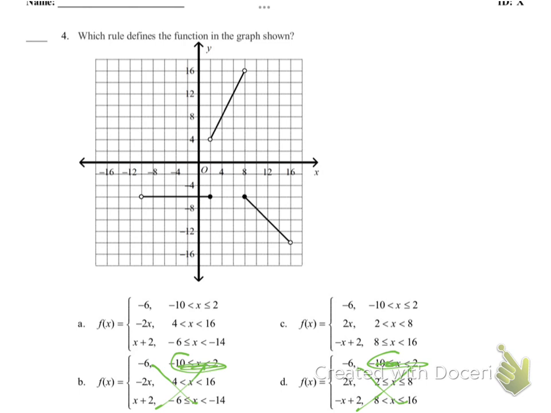My next line, y equals negative 2x, that domain is from 2 to 8. If we look on the x-axis, that's not the right line, sorry.